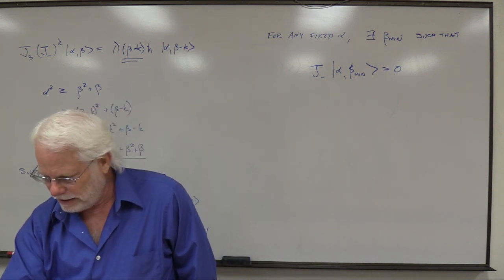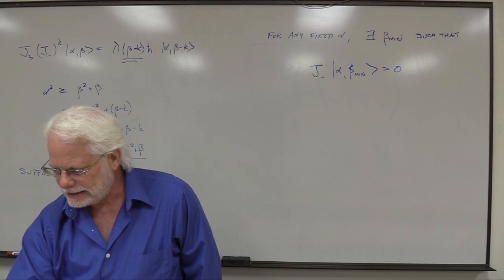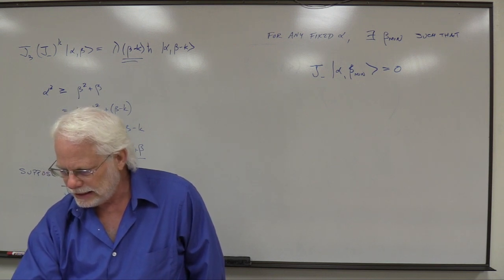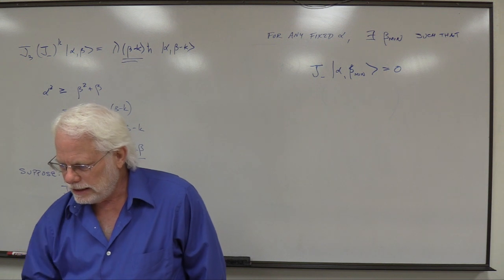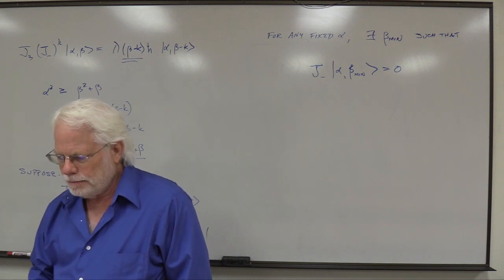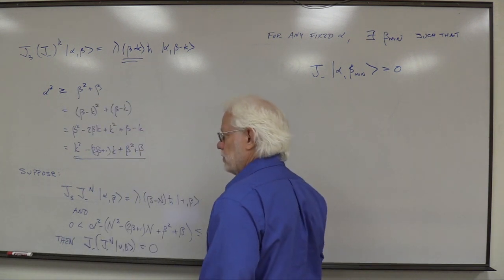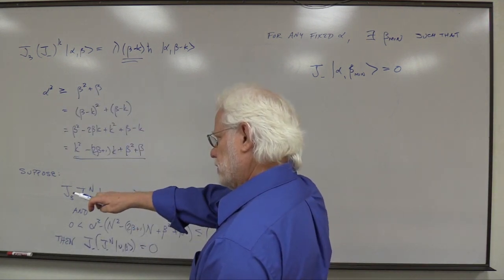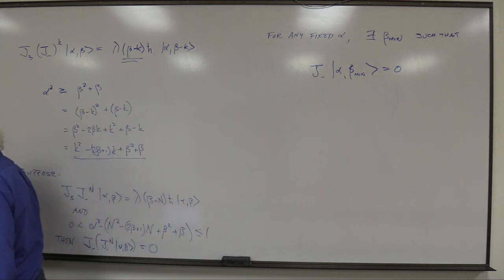And now if we, let's see, okay. Now beta min is actually less than 0. If you look at beta equals 0, this is satisfied.